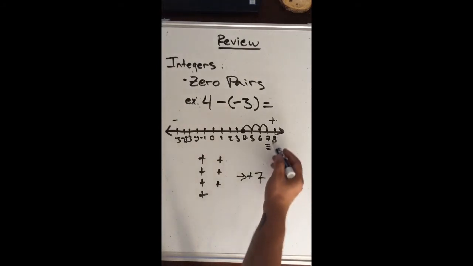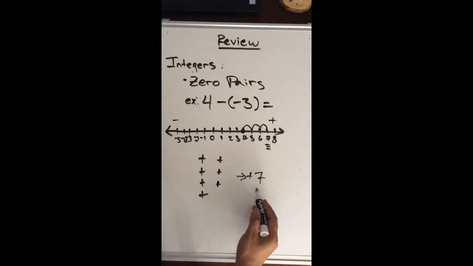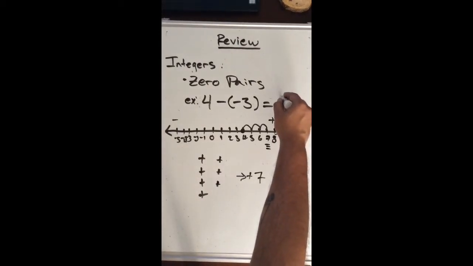So just like how we found positive 7 using our number line, we had positive 7 in our new interesting way to subtract negative numbers. So that ends up being a positive 7.